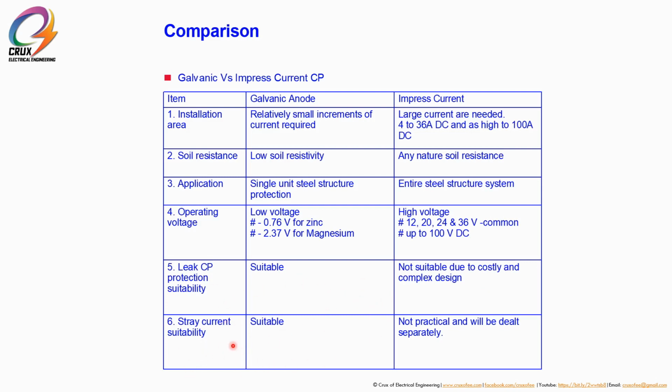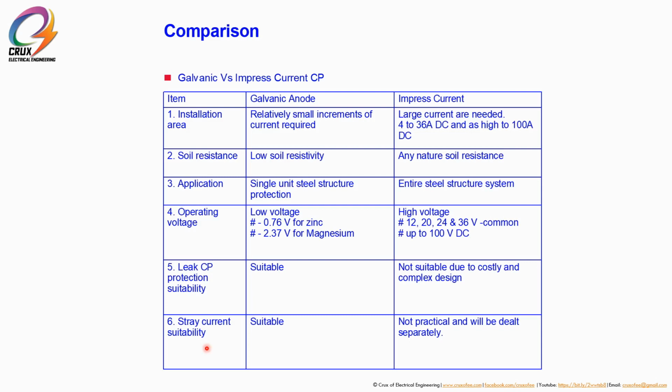Okay. Stray current suitability, galvanic corrosion is not affected by any stray currents. Whereas impressed current, not practical and will be dealt with separately. So stray currents can come from the earth, from natural stray currents like lightning, or from DC sources, like if there is a nearby DC track, for example your commuter or your rapid line, it uses DC, so that DC can affect.